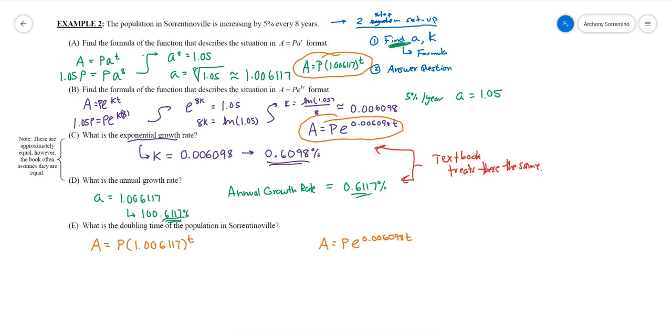Now, I'm looking for a doubling time, and that means that I want to find t when my final amount is equal to 2 times my original amount. So I'm just going to let A equal 2P for this one.